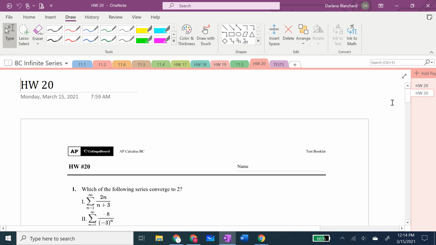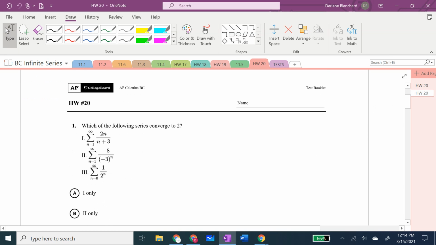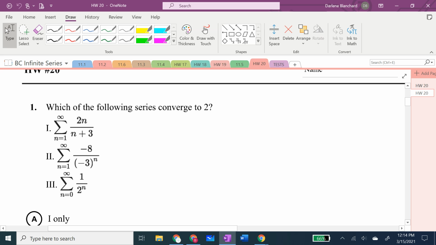Okay, so going over the questions from homework number 20, starting with number 1. They're trying to trick you with this first one because you're used to thinking, hey, that's 2.